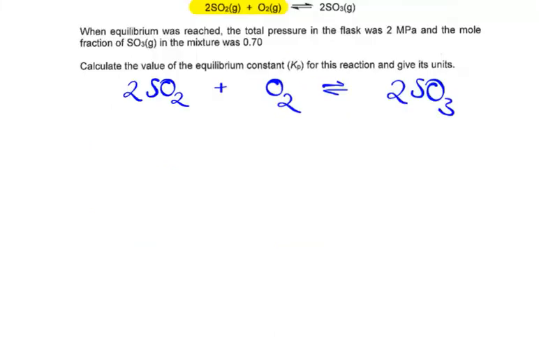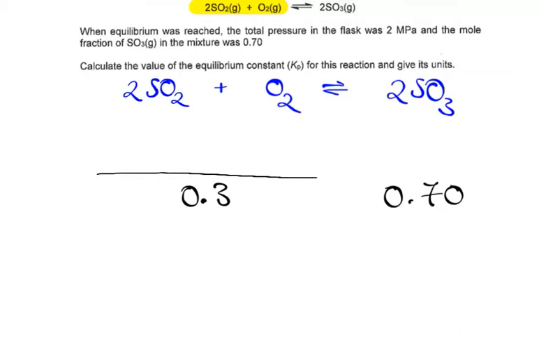So what was the point of that? Well, going back to the chemistry, if we know that at equilibrium we have 0.7 moles of SO3, the mole fraction is 0.7, that means that 0.3 must be for the SO2 and oxygen combined.